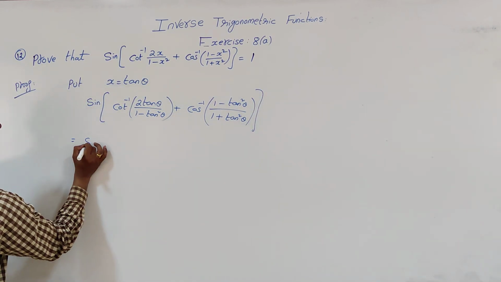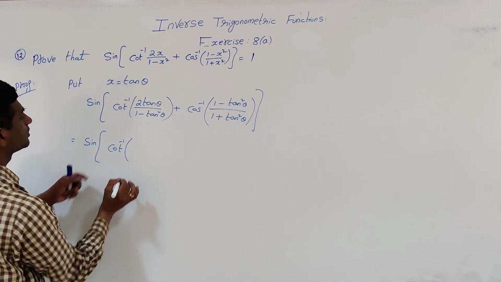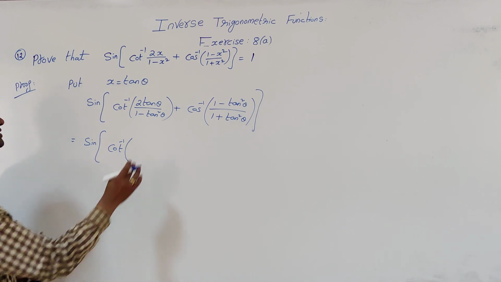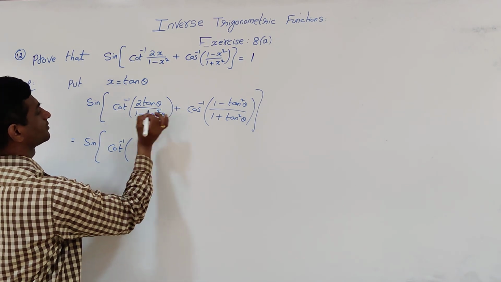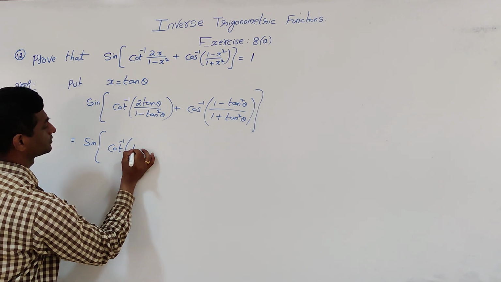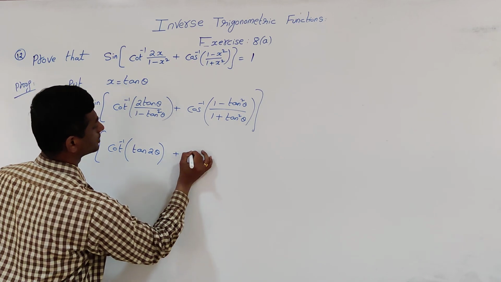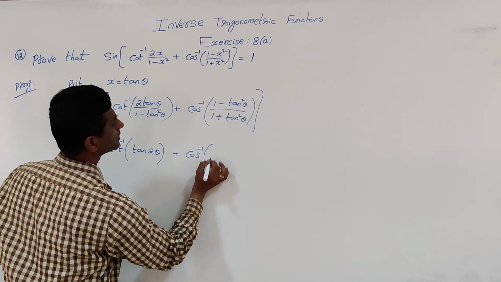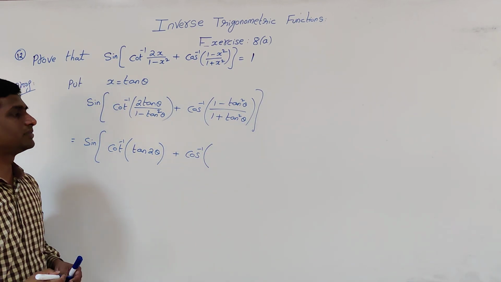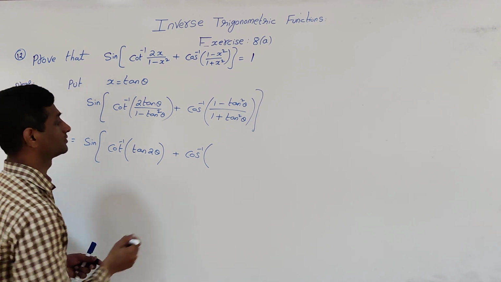But what is 2 tan theta by (1 minus tan square theta)? It gives tan 2 theta. Plus cos inverse of ((1 minus tan square theta) by (1 plus tan square theta)), it gives cos 2 theta.